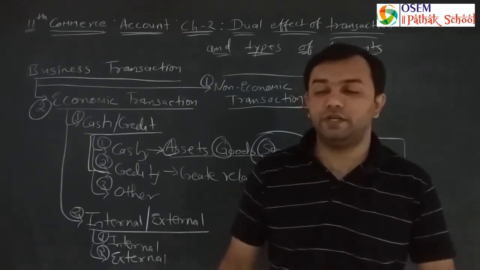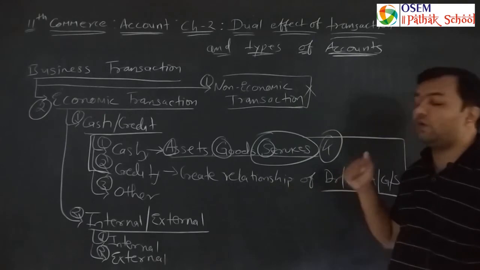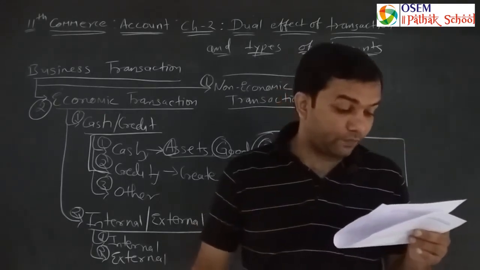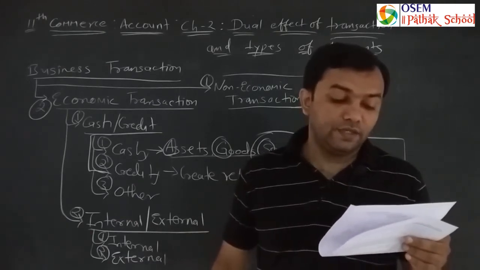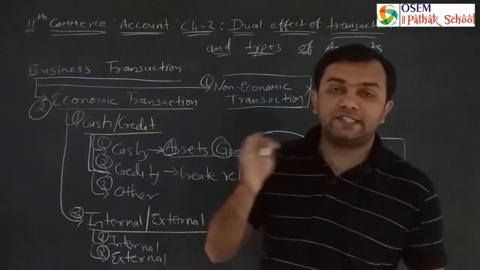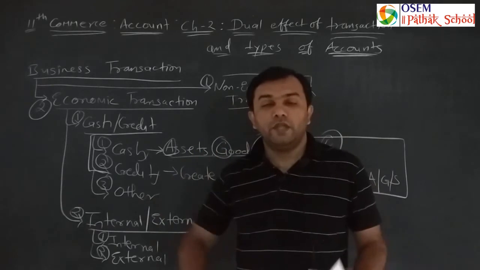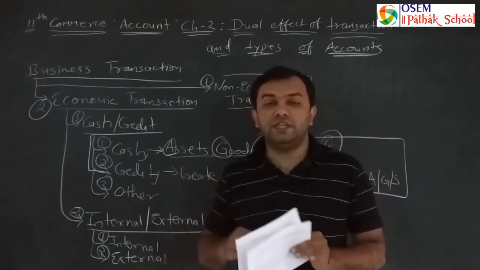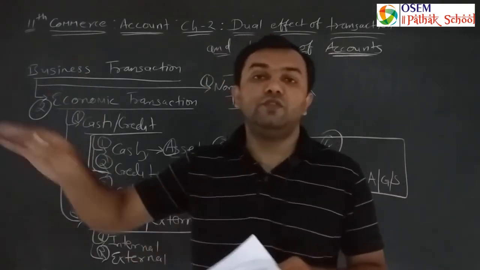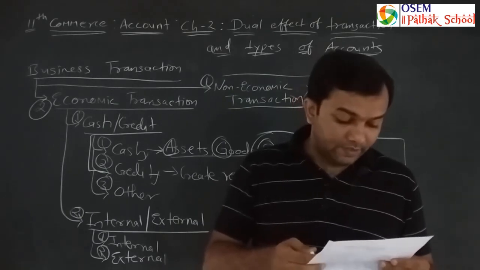If money is not paid right now, it is paid at a future point of time. However, exchange of goods, assets and services is made in present. So exchange of goods, services and assets is happening right now, but cash payment or cash receipt is not happening in present; it is happening in future. That is called a credit transaction.